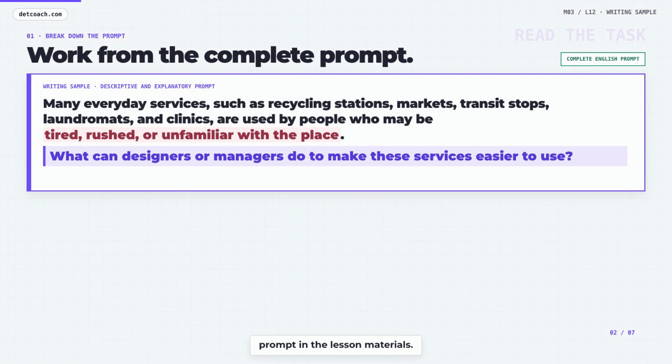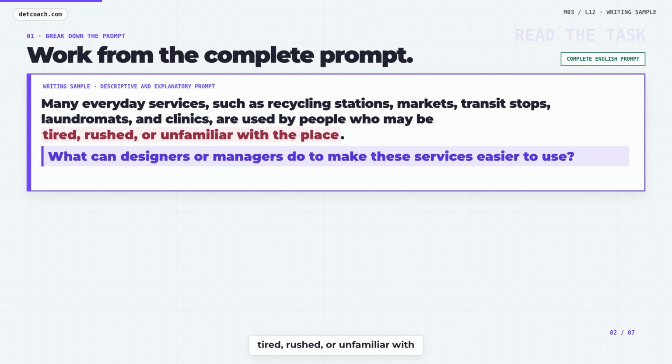First, look at the sample prompt in the lesson materials. Many everyday services, such as recycling stations, markets, transit stops, laundromats, and clinics, are used by people who may be tired, rushed, or unfamiliar with the place. What can designers or managers do to make these services easier to use?